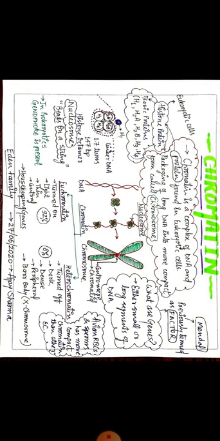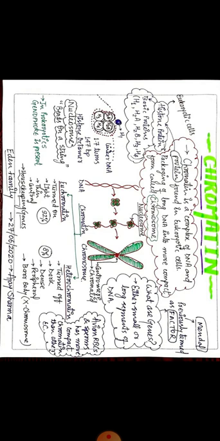So the question is, what are genes? You can see the diagram. DNA has two strands. If you cut this DNA into several segments or pieces, each piece or each segment is itself a gene.